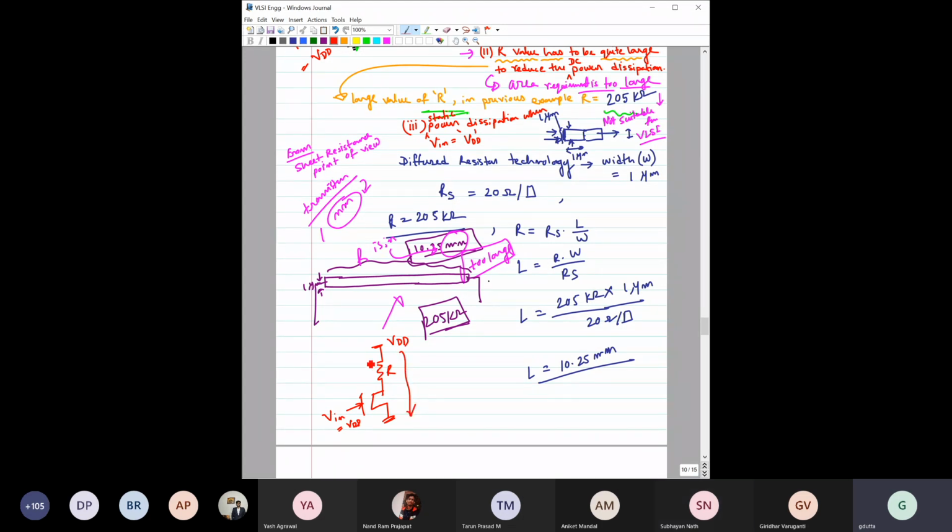Maybe this resistance is very high, so the current is low, but there is still a path from VDD to ground. So as long as you give logic 1 at the input of this inverter, you have a direct path, which means you have static power dissipation.